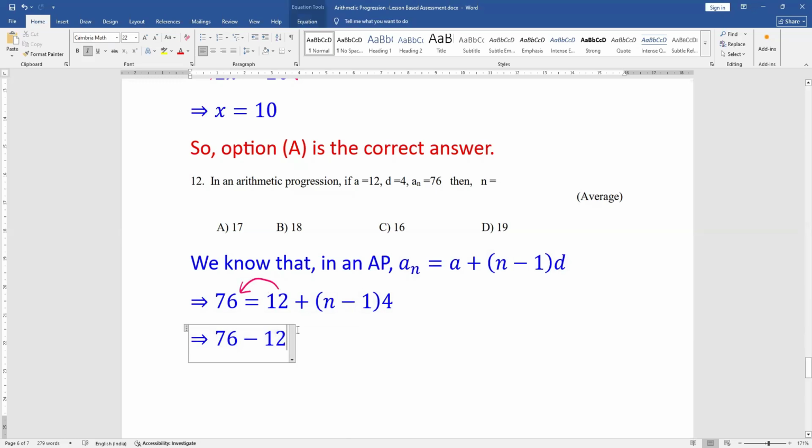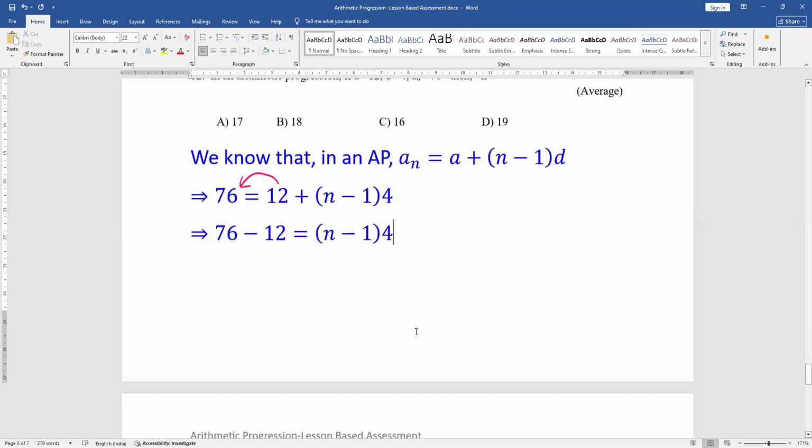So 76 minus 12 equals n minus 1 into 4. In my next step, what is 76 minus 12? It is 64, right? So it becomes 64 on the left hand side, and on the right hand side it will be the same, n minus 1 into 4.